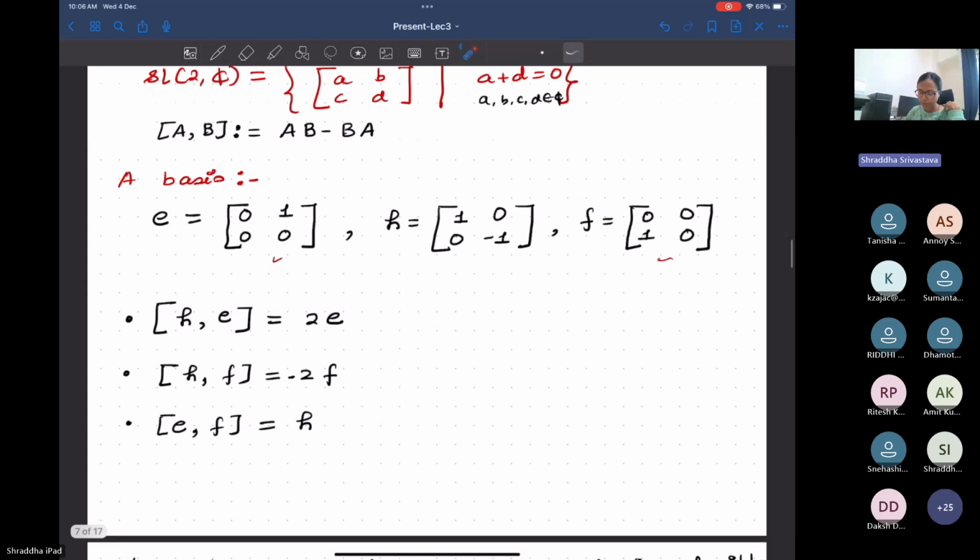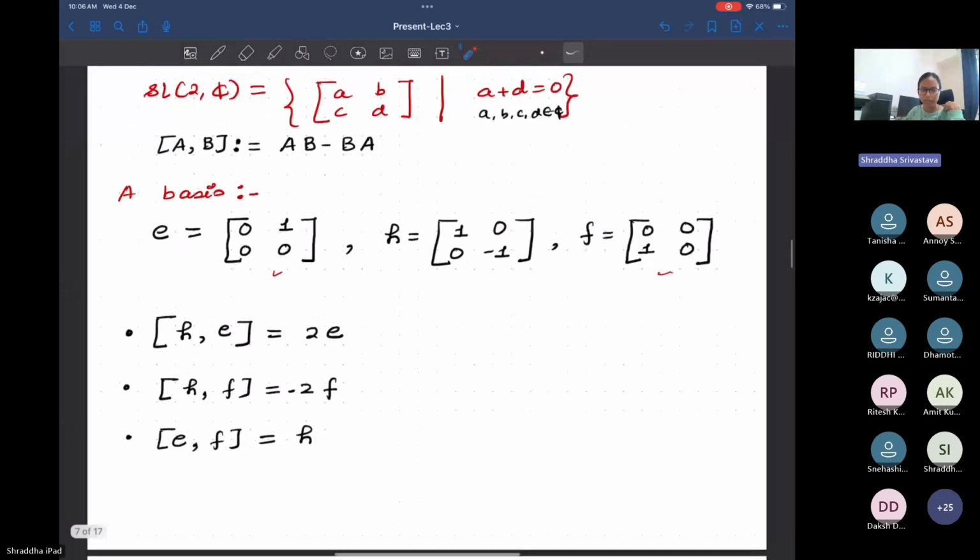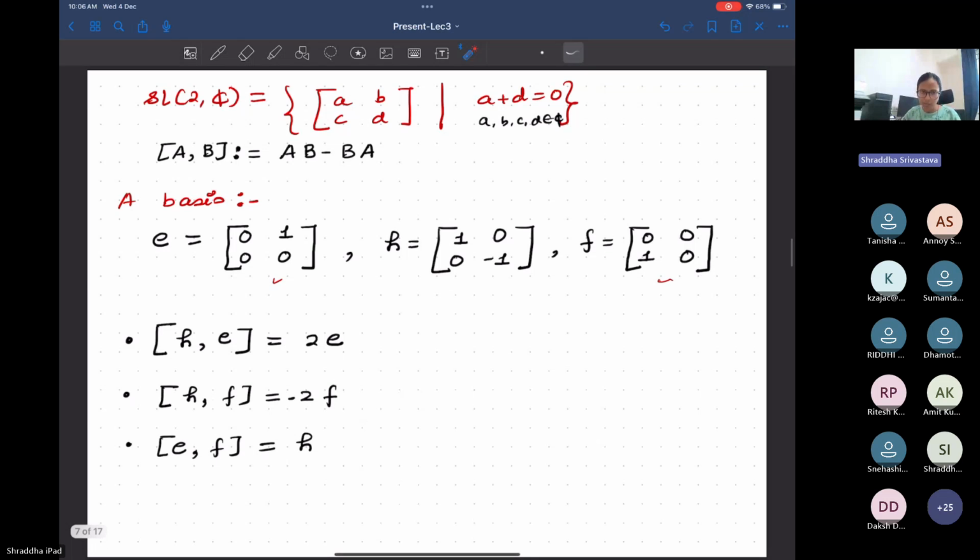And we have a nice basis for the Lie algebra SL2C. We are going to fix some notation also. So E is this 2 by 2 matrix, and H is this matrix, and F is this matrix. And we have also computed these commutators, which are the only relevant commutators, because the rest of them are either negatives of these or 0. So this is all about SL2C as a Lie algebra.